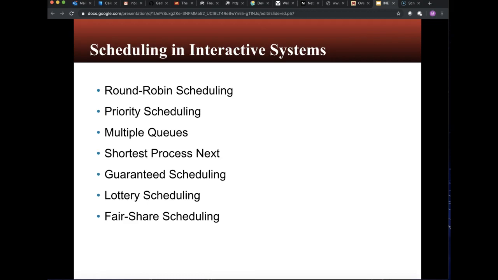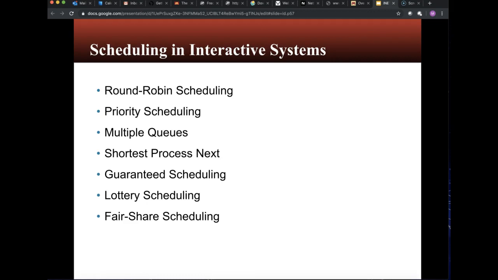And so we'll talk about that in a second. Priority I just talked about. Multiple queues is actually a bigger piece of this, because it doesn't work that well to have just a single queue.